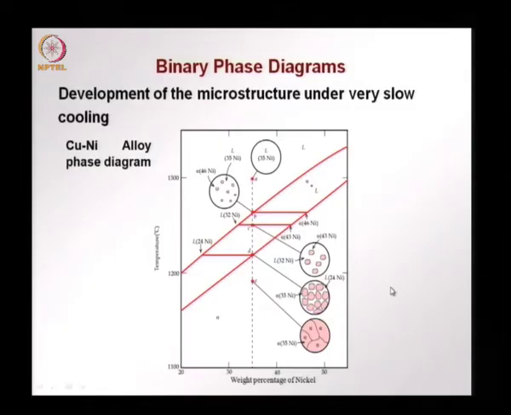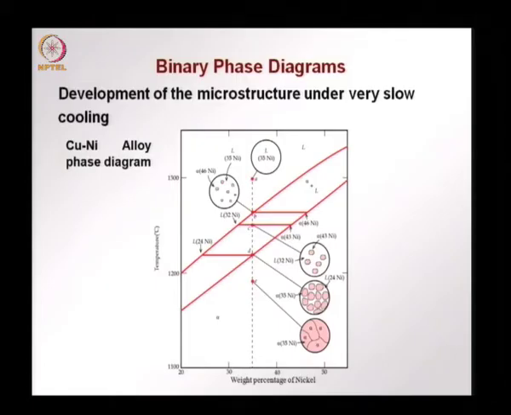Now, let us see how the binary phase diagram tells us how the microstructure develops. So, we look at how microstructure develops under slow cooling, where crystallization is allowed to occur and the structure to form without any rapid cooling.